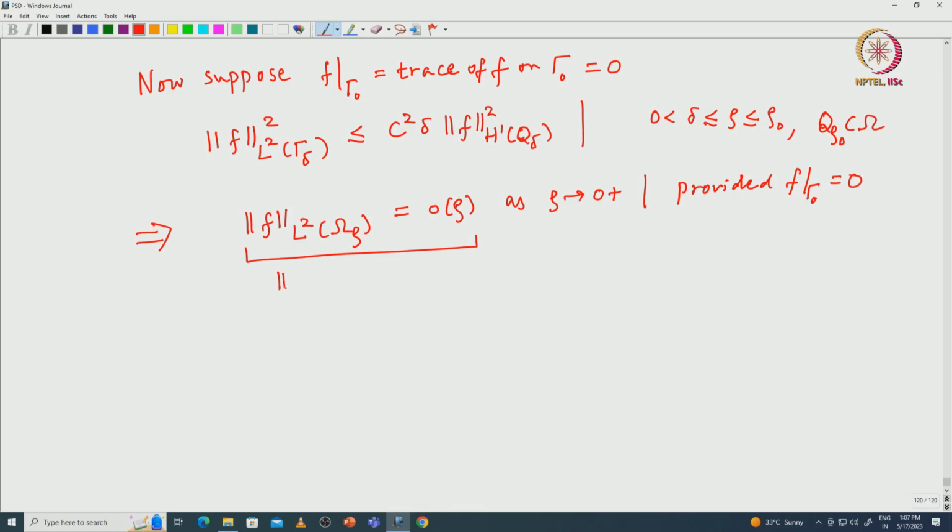So, this means f, this L2 norm, divided by rho, that is important, also tends to 0 as rho tends to 0. Okay, so I have skipped many steps here, but the idea, I am just providing the idea.